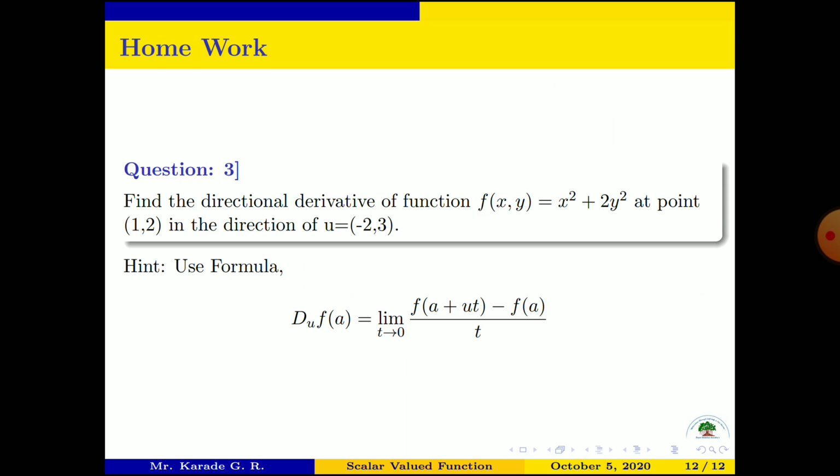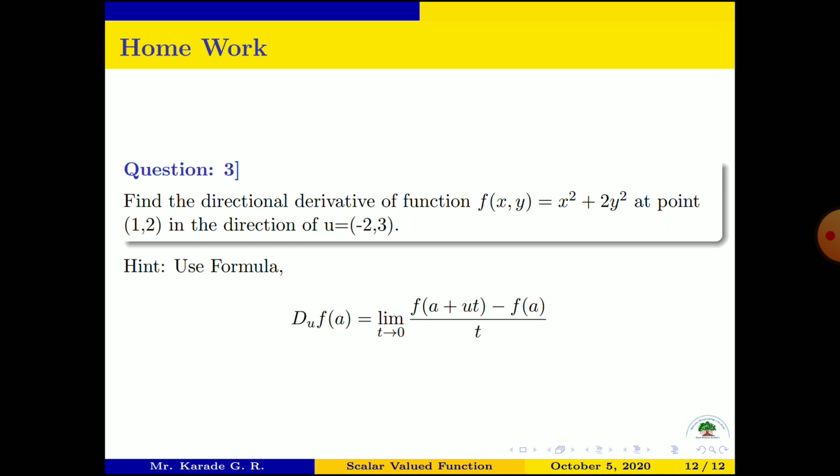Now, see here, I have given one homework based on this lecture, based on the directional derivative. Try to solve this problem on your own at home, and if you find some difficulty, you can contact me or call me.